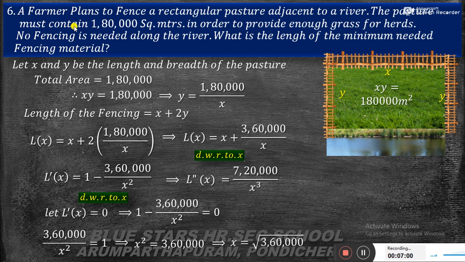The pasture must contain 180,000 square meters, which is the area of the rectangle. In order to provide enough grass for the herds, no fencing is needed along the river. What is the length of the minimum needed fencing material? So they ask about the length of the fencing material.